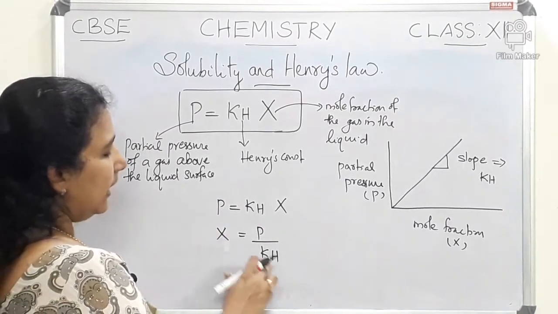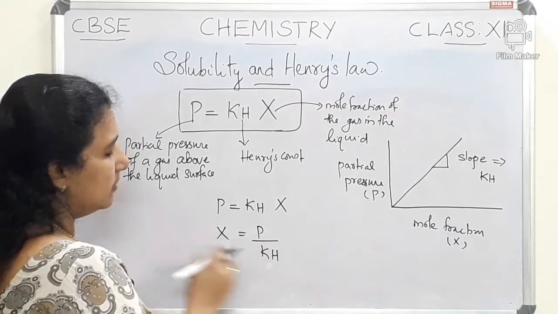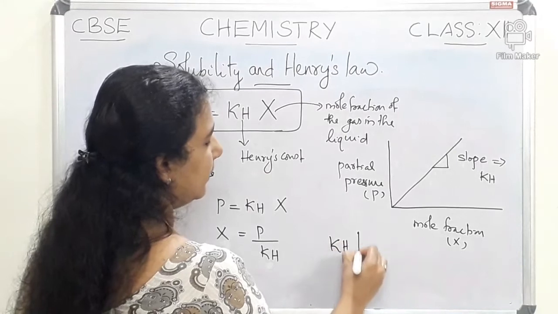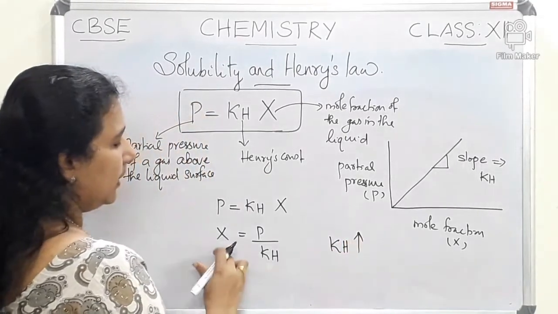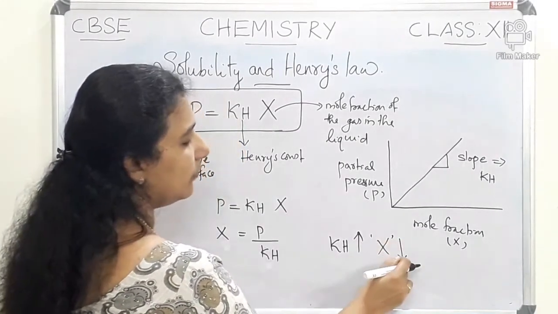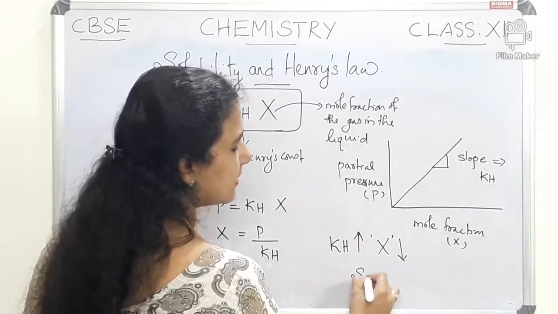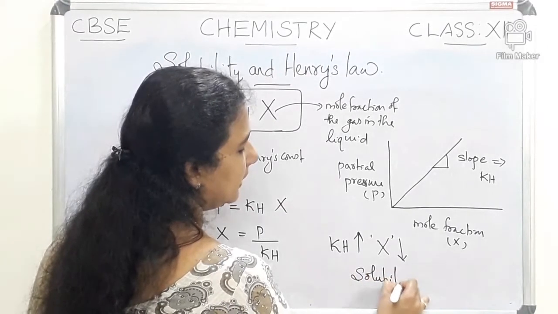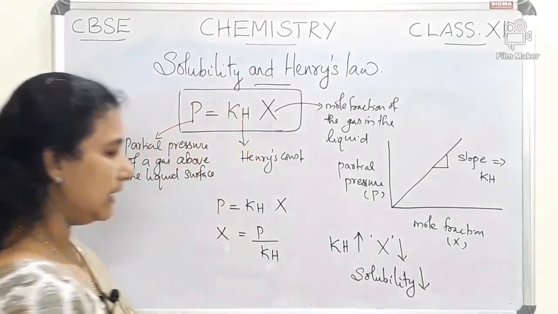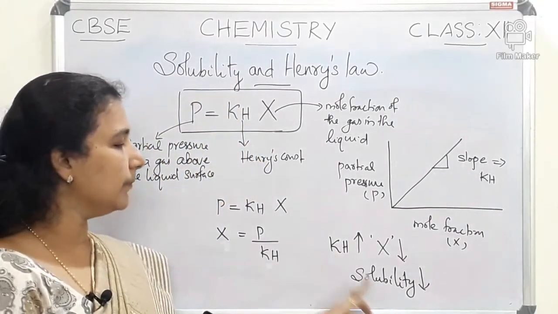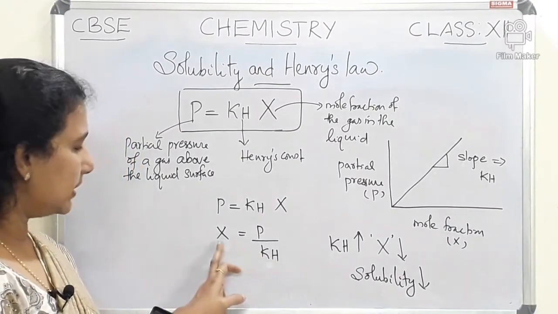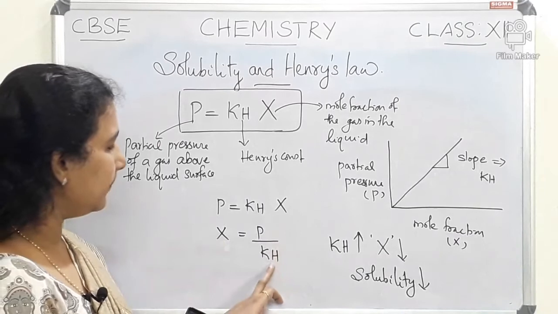So Kh and X have a relationship: if the value of Kh is more, X will be less. X will be less means the mole fraction will be less, or the solubility of that gas in that particular liquid will be less. If the value of Kh is more, solubility will be less. So it is clear from this equation, X is equal to P by Kh.